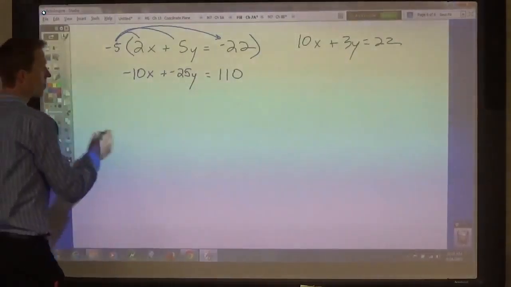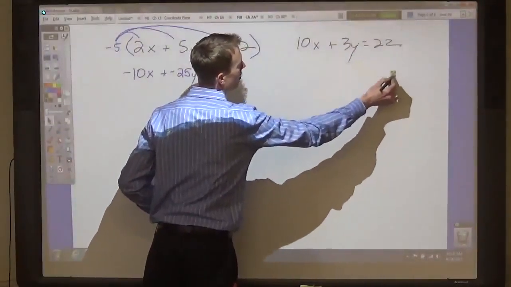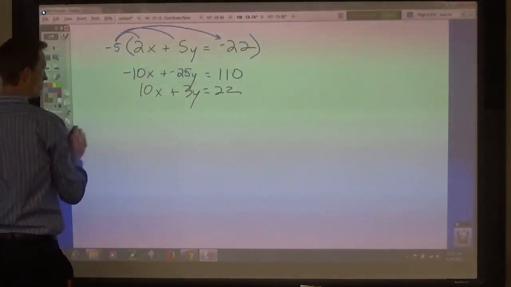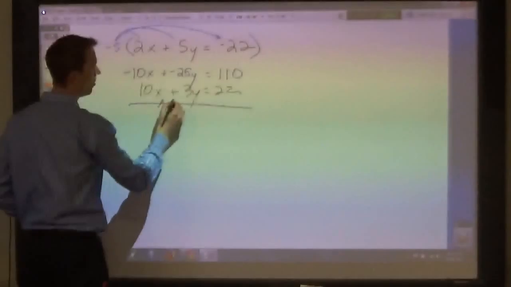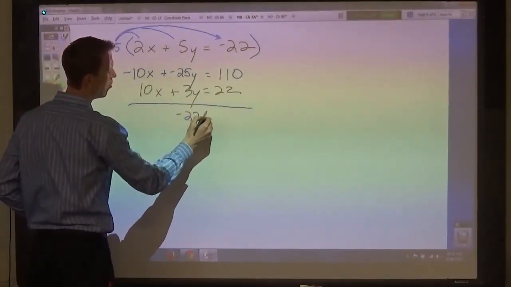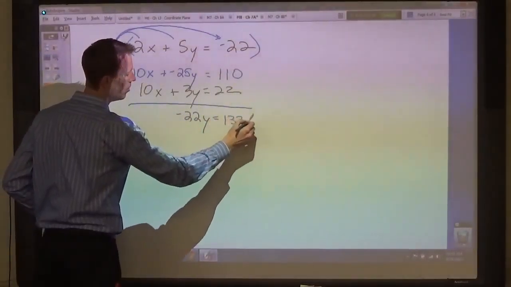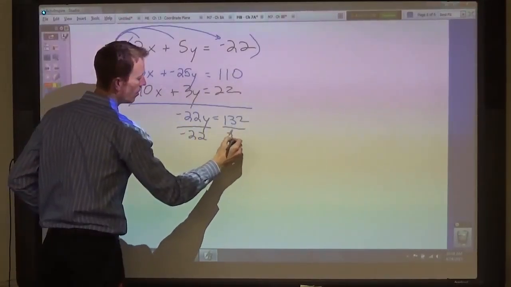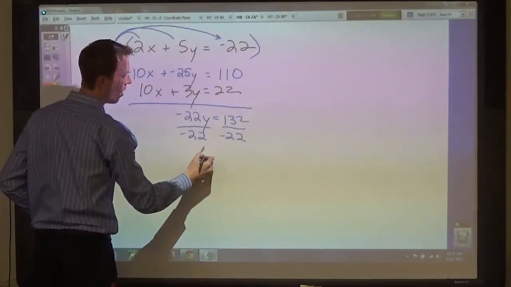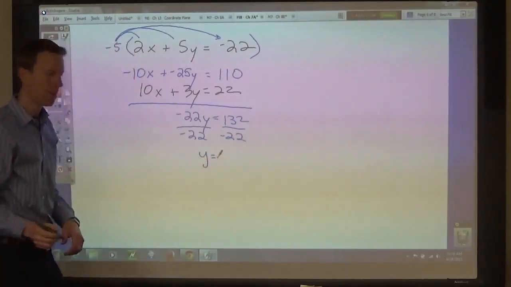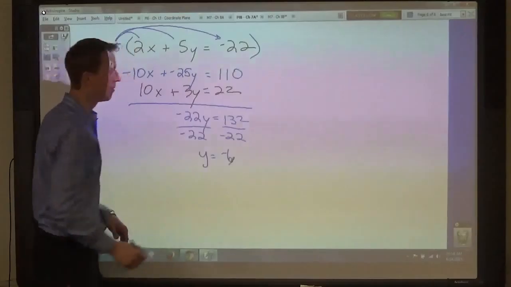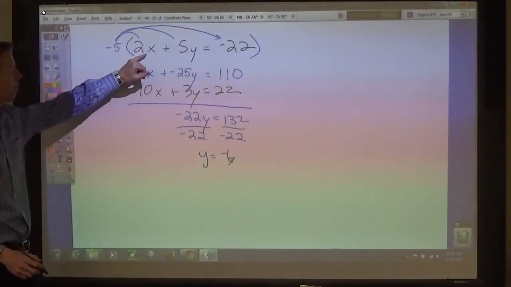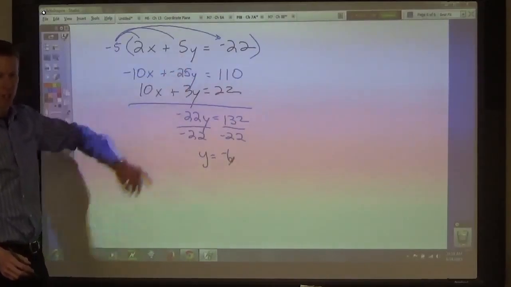So negative 22y equals 132. Divide by negative 22. And y equals negative 6. And then put negative 6 in for y and solve for x.